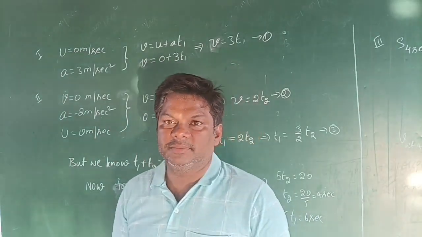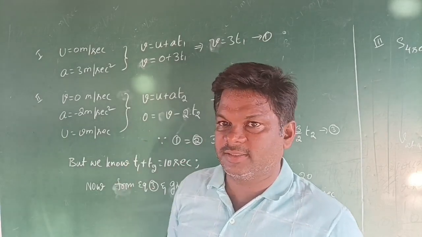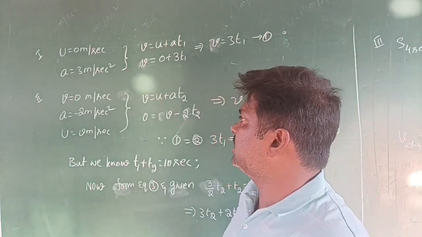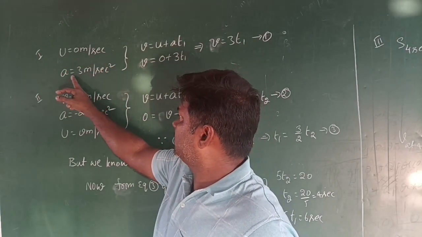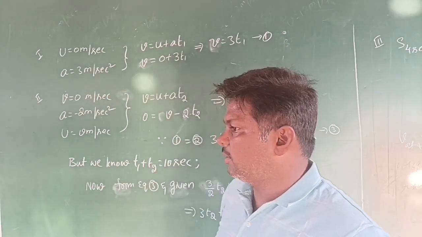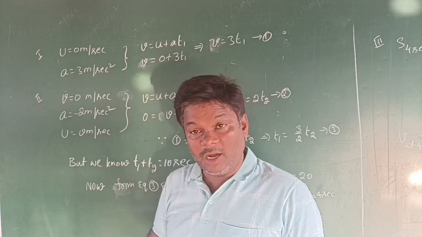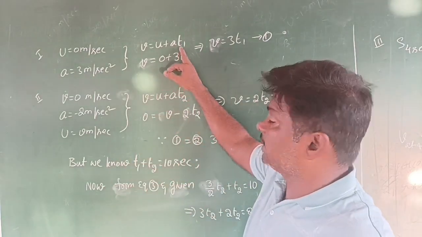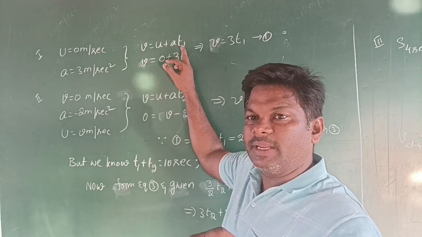In your next sum, a car travels a distance with initial velocity u meters per second and acceleration 3 meters per second square. After some time t1, which we don't know, he applied brakes.